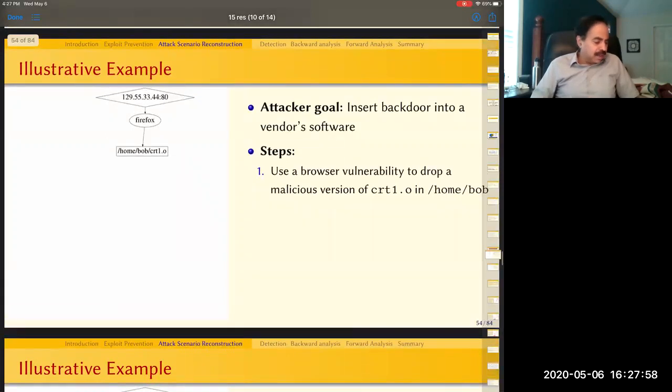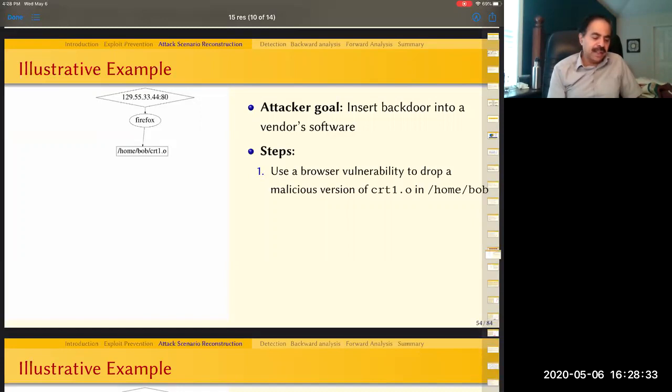So let me give you an example here for how these sophisticated attacks work. And I'm obviously using the simplest possible example that I can create to give you a flavor of how attackers have exploits and how they chain these exploits to achieve a goal that they have.